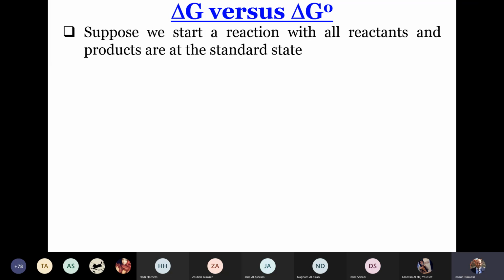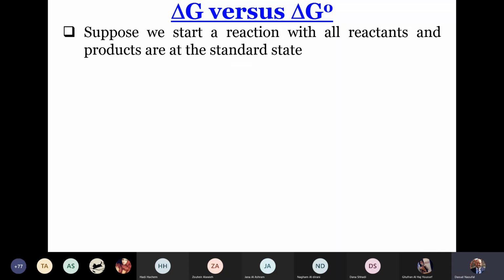But pay attention, in the writing of delta G, we have a great difference in concept between delta G and delta G0. Delta G is quite different from delta G0. Suppose we start a reaction where all reactants and products are at the standard state.